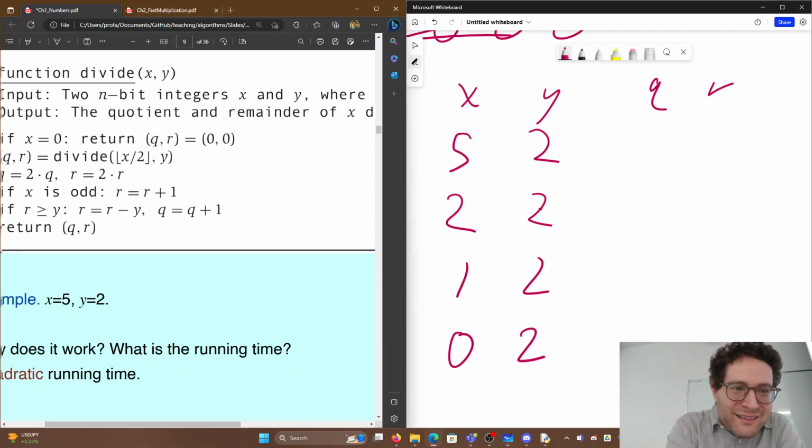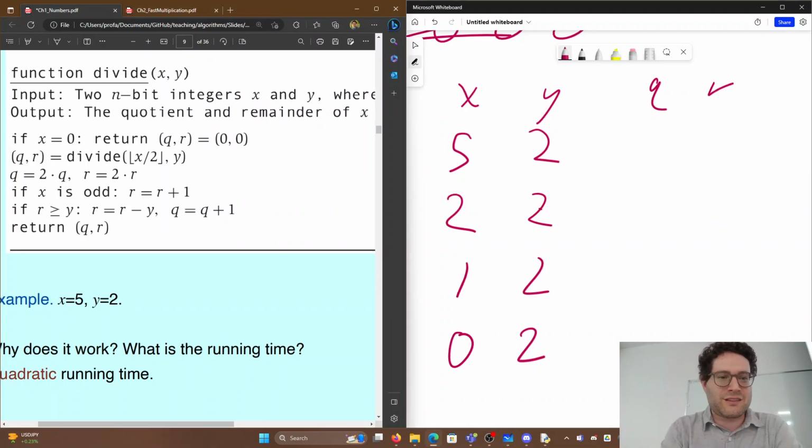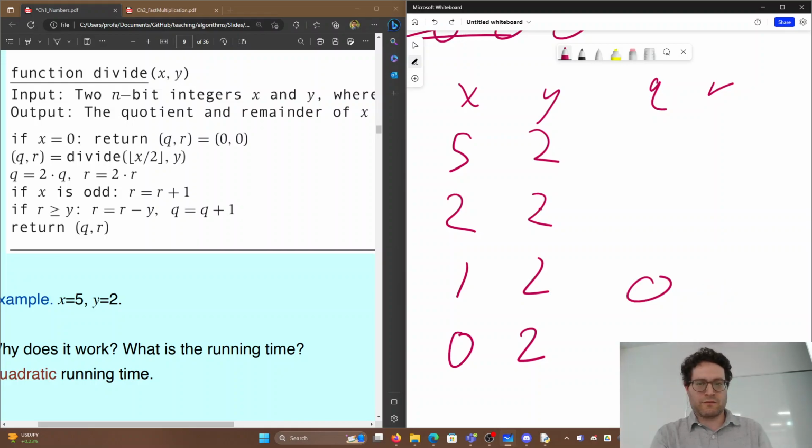Sorry. All right, so now we're here at this point. We say, okay, return 0 and 0. And what do we get? We get Q and R being that. And so now we say Q is equal to twice that value, R is equal to twice that.